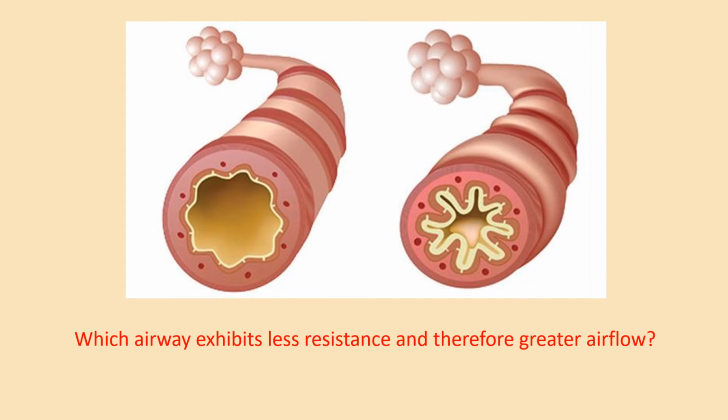The one on the left is in a state of bronchodilation, and the one on the right is in a state of bronchoconstriction. Notice the diameter of the lumen of each. And so which airway exhibits less resistance and therefore greater flow? It is the airway on the left. There is lower airway resistance in a wider diameter airway.